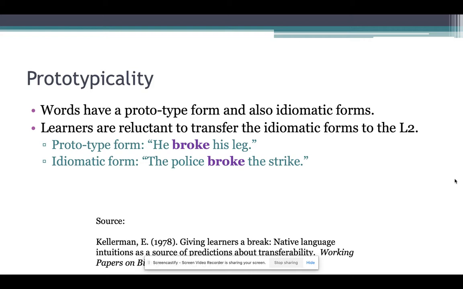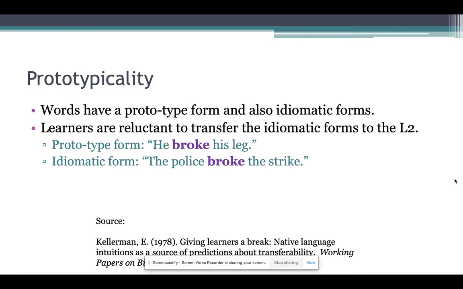The word cover in English has a literal meaning, like when I say, please cover the pot with a lid. But cover also has an idiomatic meaning. Like when one worker asks another worker, can you cover my shift tonight?